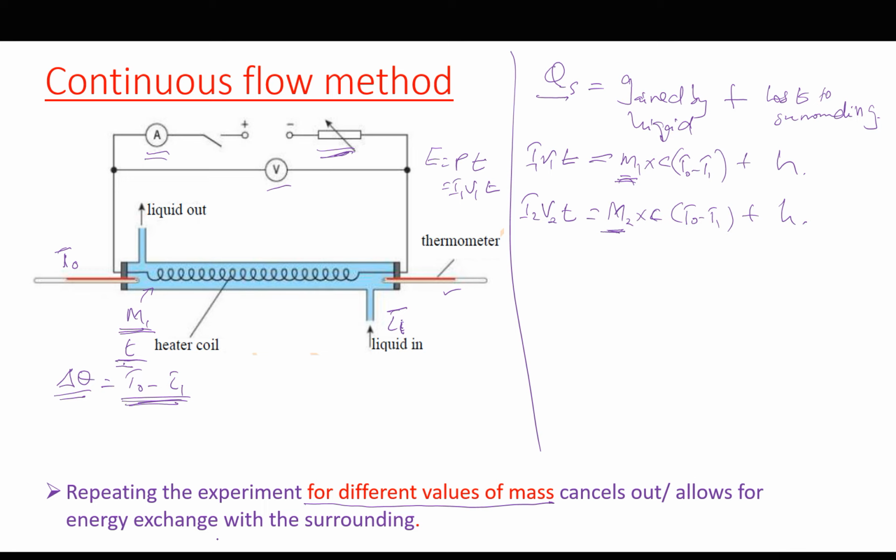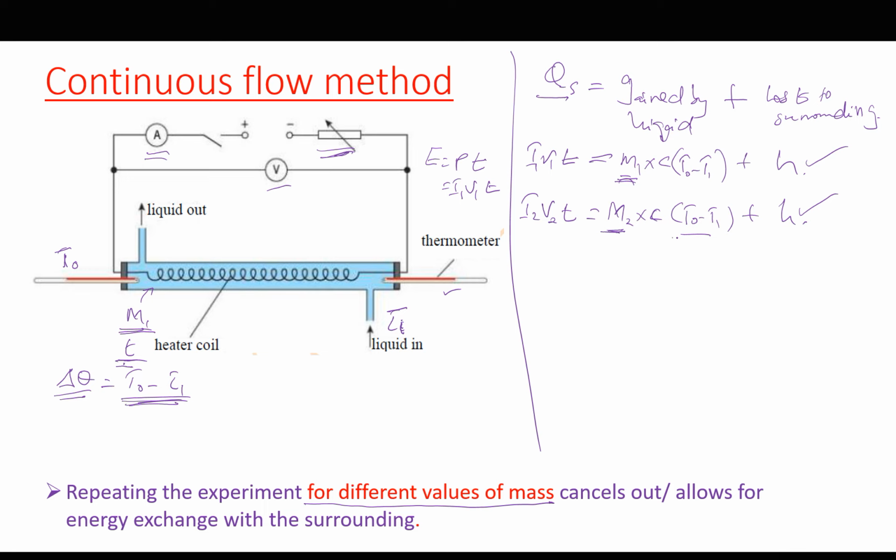Repeating the experiment for different values of mass or for different flow rates cancels out energy exchange or heat loss to the surrounding. For the first set of values, I obtain that. When the power rating is adjusted, I obtain a different value.